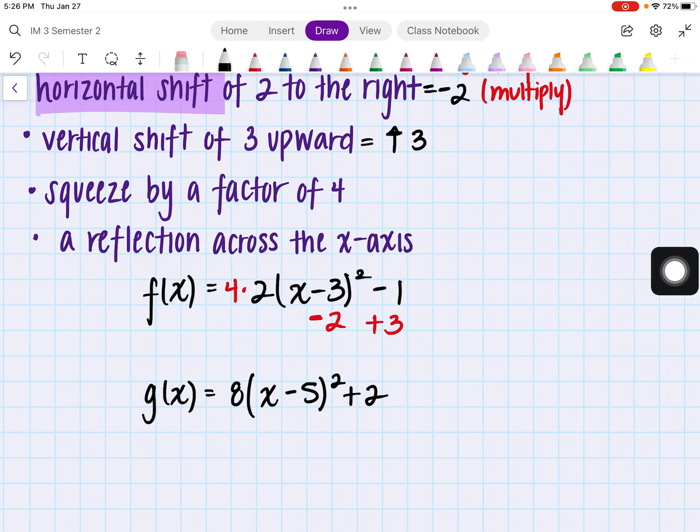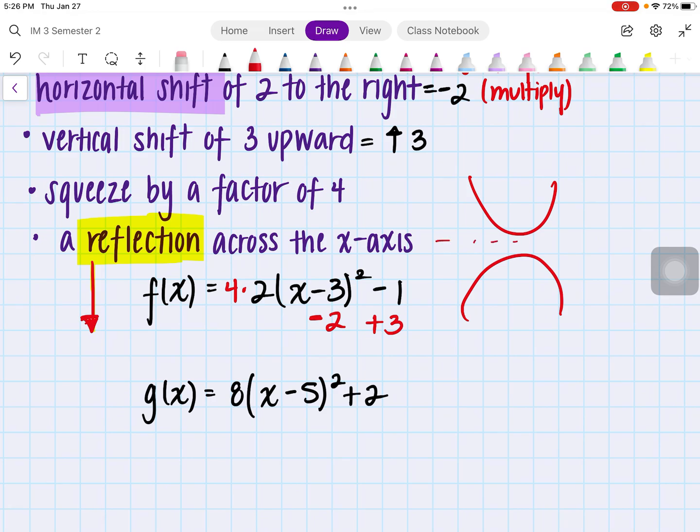And it says a reflection across the x-axis. Whenever they're talking about a reflection, guys, it means flipping our expression. For example, if I have a U shape, it's going to be flipped across the x-axis. Let's say this here's our x-axis. Then it flips. Because it flips, it actually becomes negative, so I'm going to multiply everything by a negative.